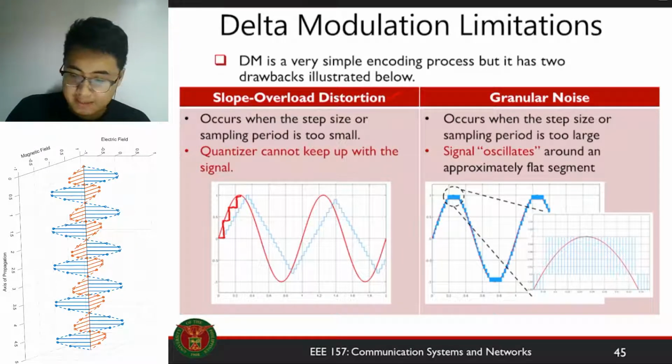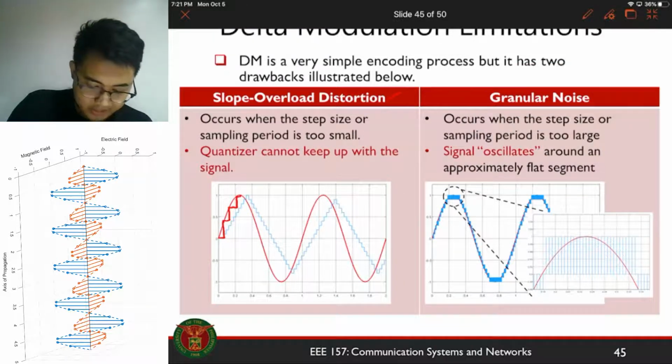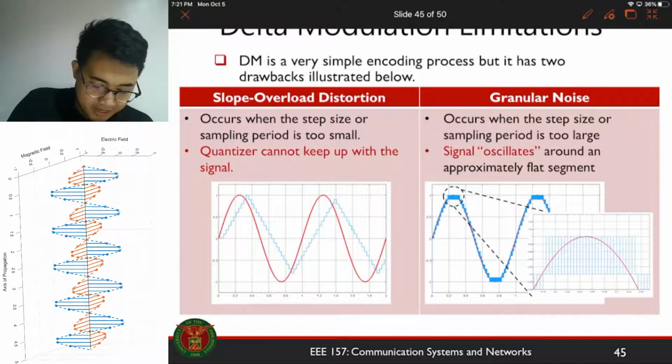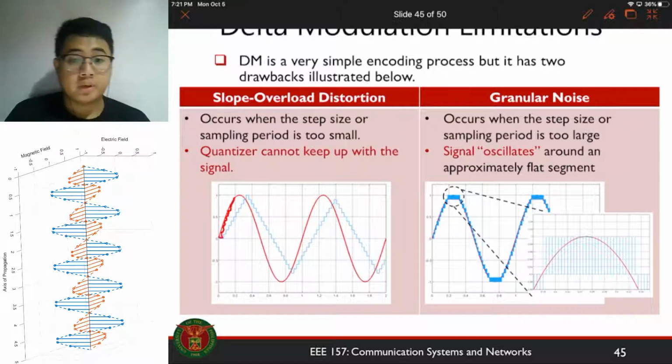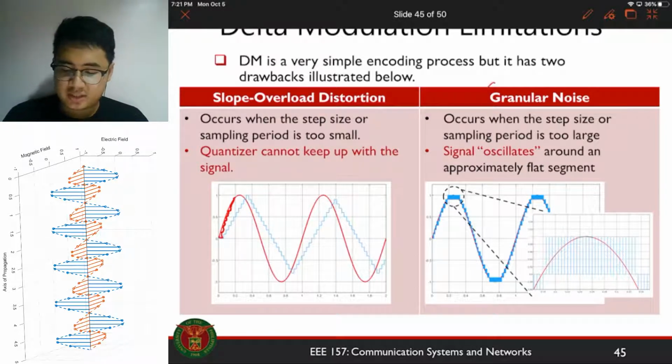If you increase the sampling rate, then maybe it can be easier to keep up with the original signal. But if you increase the sampling rate too much, or if you increase the step size too much, then you get granular noise.